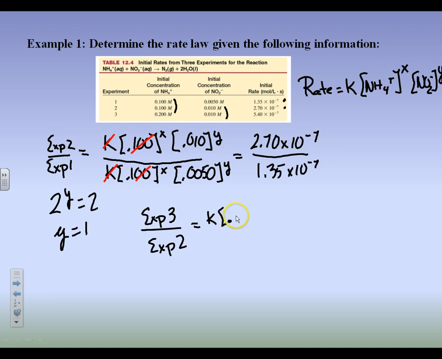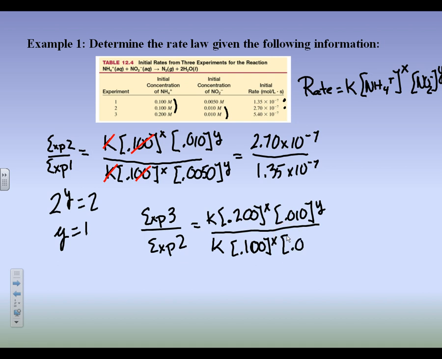Experiment 3: k times 0.200 to the x times 0.010 to the y, divided by k times 0.100 to the x, 0.010 to the y, and I have my rates. Wrong, 5.4, not 2: 5.40 times 10 to the negative 7th divided by 2.70 times 10 to the negative 7th.